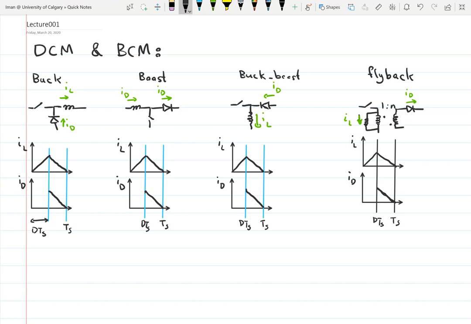So when do we go into DCM? When the current in the diode reaches 0 before we actually hit the end of our period.